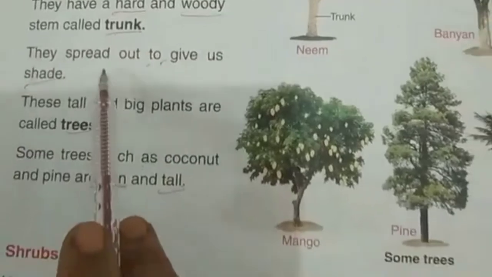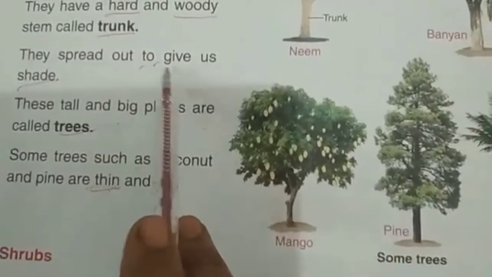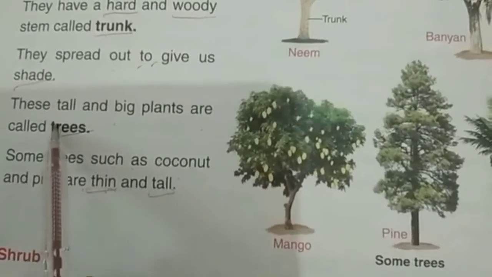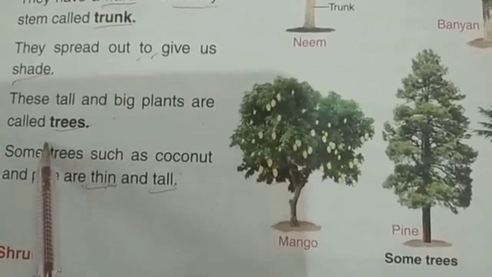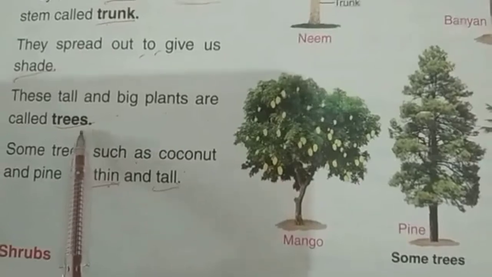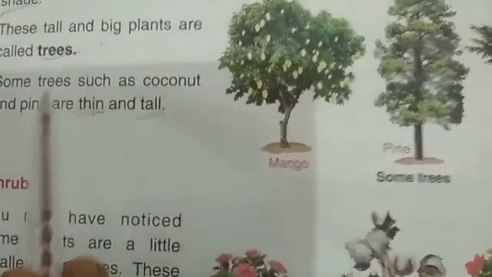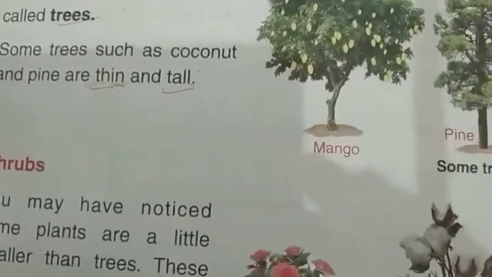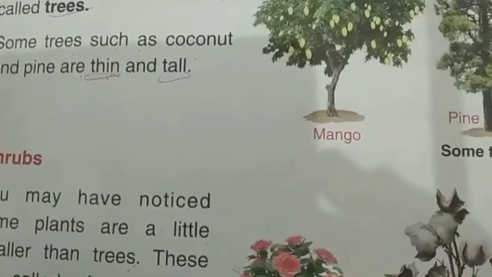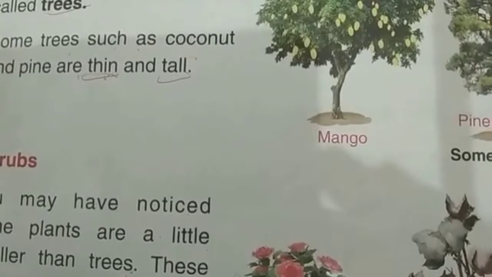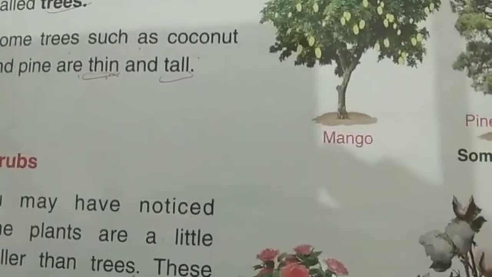They spread out to give us shade. These tall and big plants are called trees. Some trees such as coconut and pine are thin and tall.